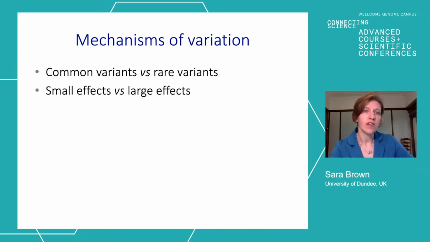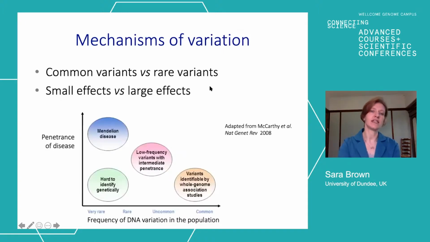So in general, common variants are thought to cause common disease, and rare variants might cause more severe, rarer disease. And common variants were previously thought to have small effect sizes, rare variants thought to have large effect sizes. So these assumptions are based on the frequency of DNA variation in the population compared to the penetrance of disease.